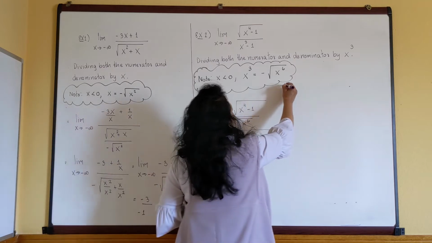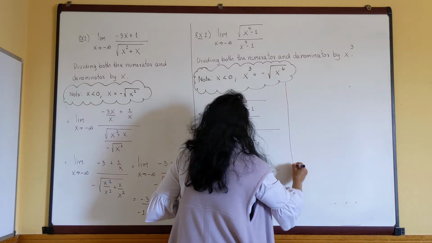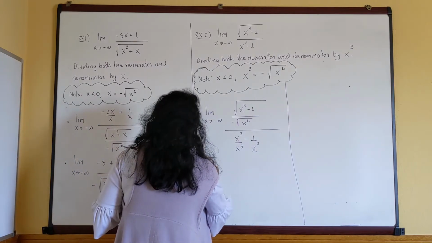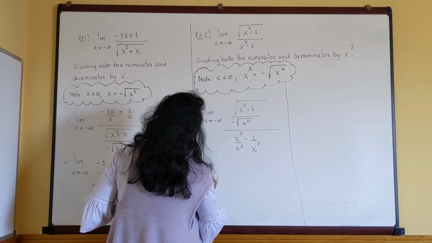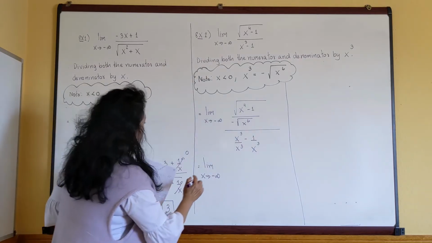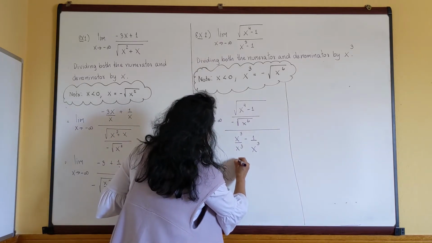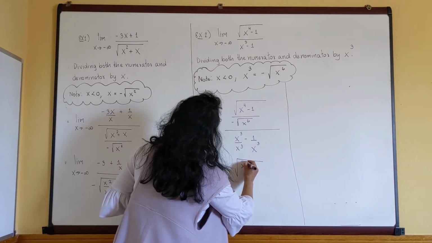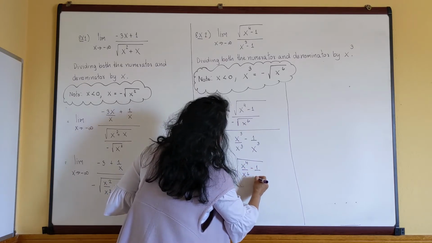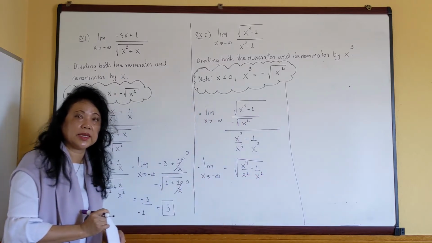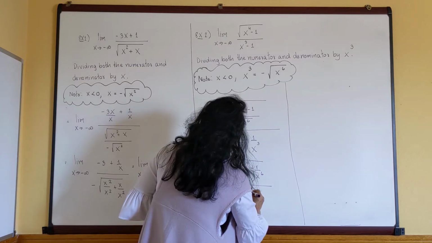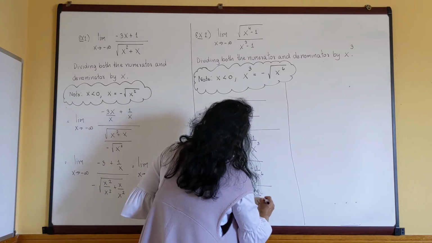Let's see, I'm going to divide the board a little bit, just to make sure I have enough room. So this one, I'm going to have limit as x approaching negative infinity. I'm going to have negative, this whole thing is going to be x to the 4th over x to the 6th minus 1 over x to the 6th for the numerator. The denominator, I would have 1 minus 1 over x cubed.